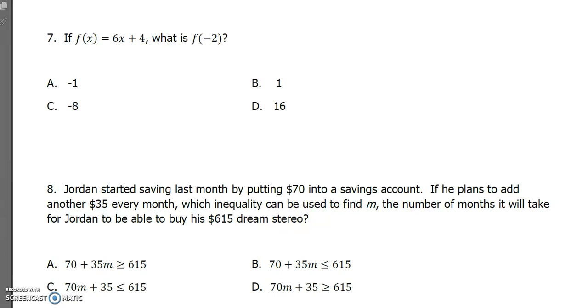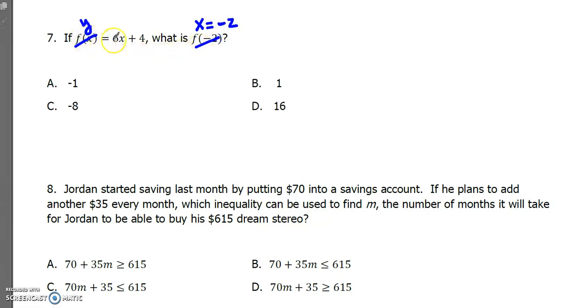Number 7 says, if f of x equals 6x plus 4, what is f of -2? So let's remember, guys, that f of x is just a fancy way of saying y, and then f of -2 is their fancy way of telling us that's what our x is. So our x is -2.